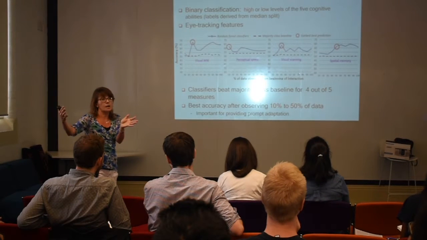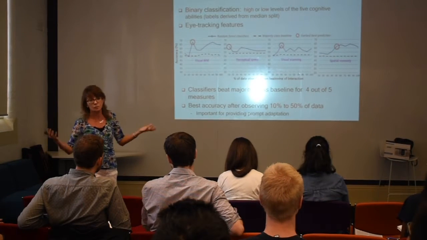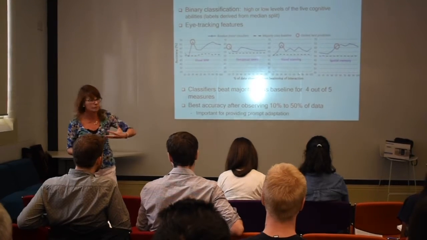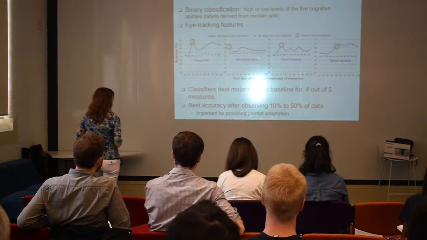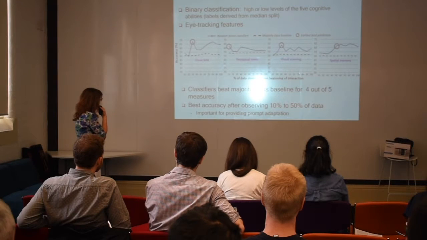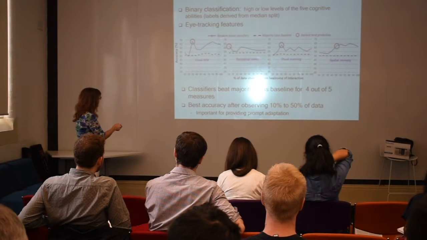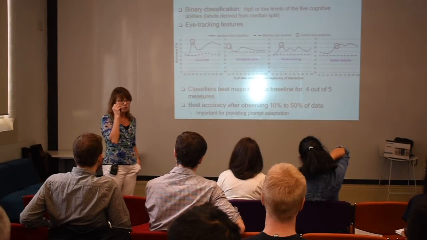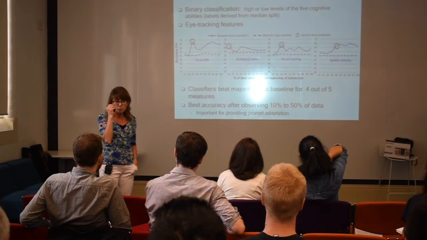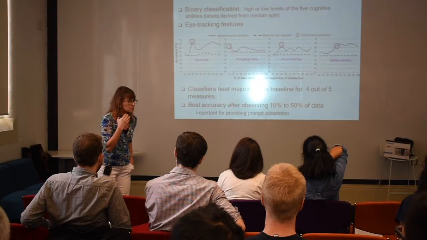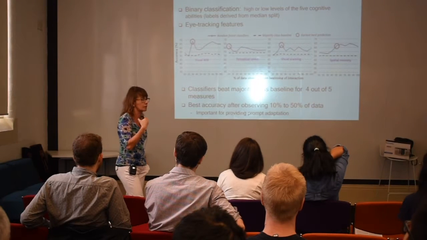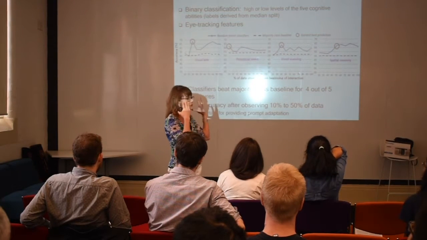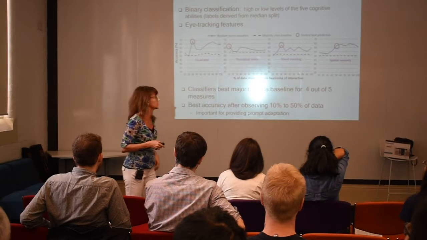If you would have high accuracy only in the end, it would not be very useful to provide real-time personalization. The accuracies here are a little bit better than before. In this experiment, we actually could also use information from the eye tracker on pupil dilation and head distance from the screen, which helps get information about what they're doing as they're looking at these visualizations, okay?